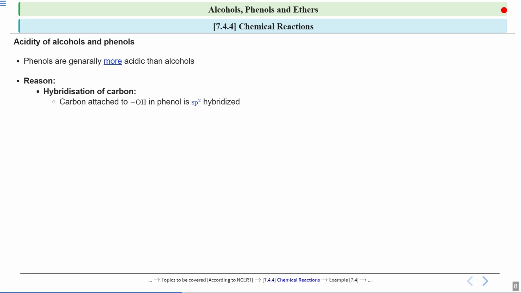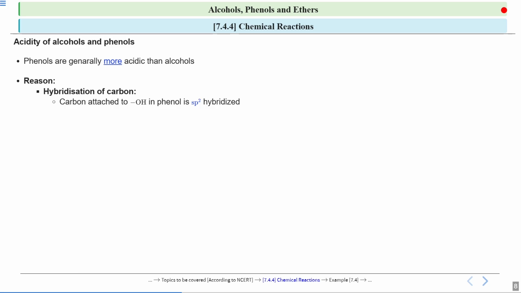Now, when I talk about sp2 and sp3 hybridization, which one has more s character? In sp3 there is more s character, or in sp2? In sp2 there is more s character as compared to sp3. In sp3 there is less s character.